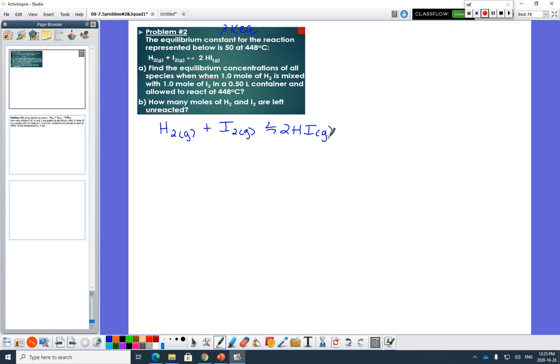And decide how you want to make your equilibrium arrow. You can draw it like the PowerPoint makes me do, or you can draw the double-sided arrow. It just has to show reversibility somehow, okay? So we're going to do ICE. And we already calculated the concentration, which was 2.